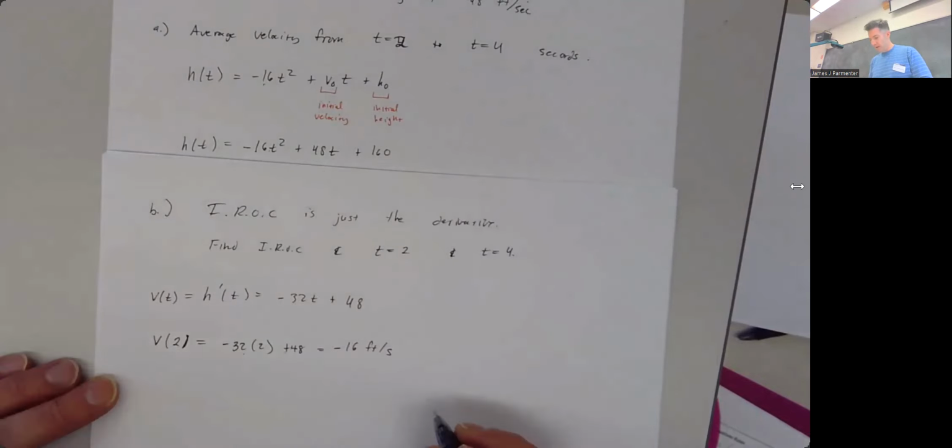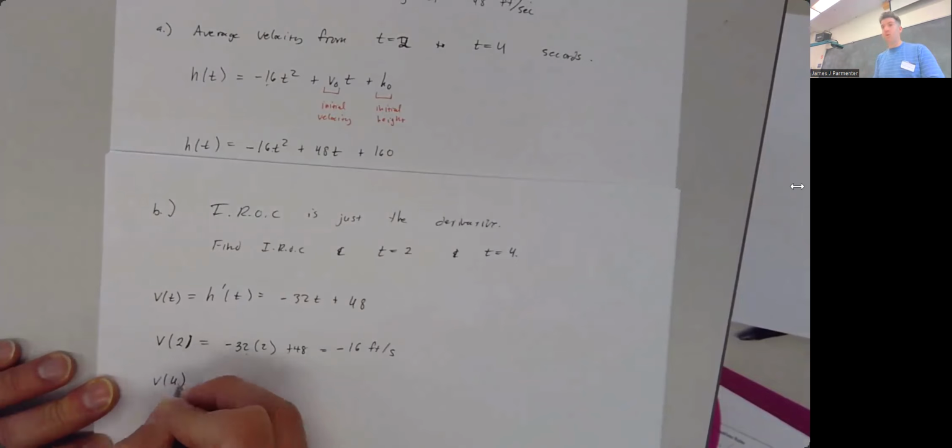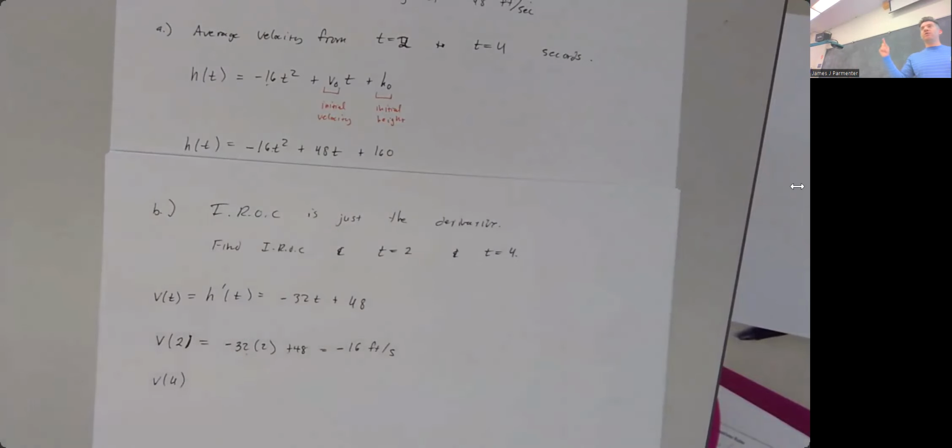On the other hand, v of 4. I would expect that after 2 seconds the ball peaked, and then after 2 seconds traveling downward, 2 seconds later it's going to be going down even faster, because it's going to pick up speed as it falls further and further because of gravity. Gravity is going to make this thing accelerate, or increase its speed, 32 feet per second every second.